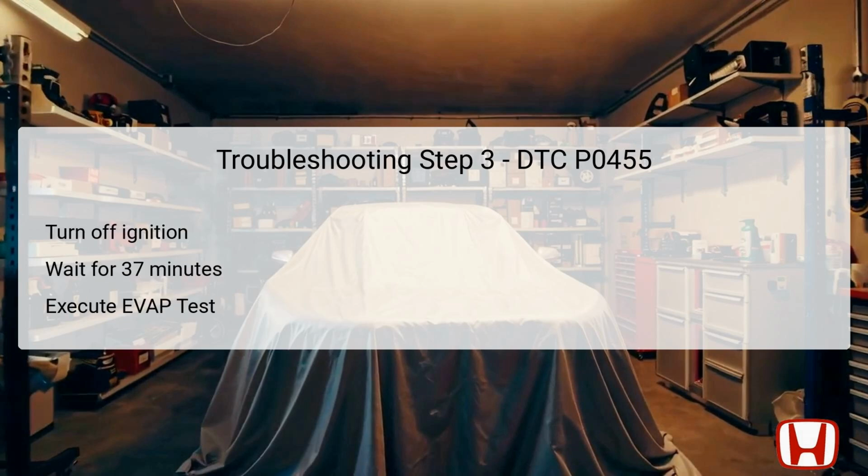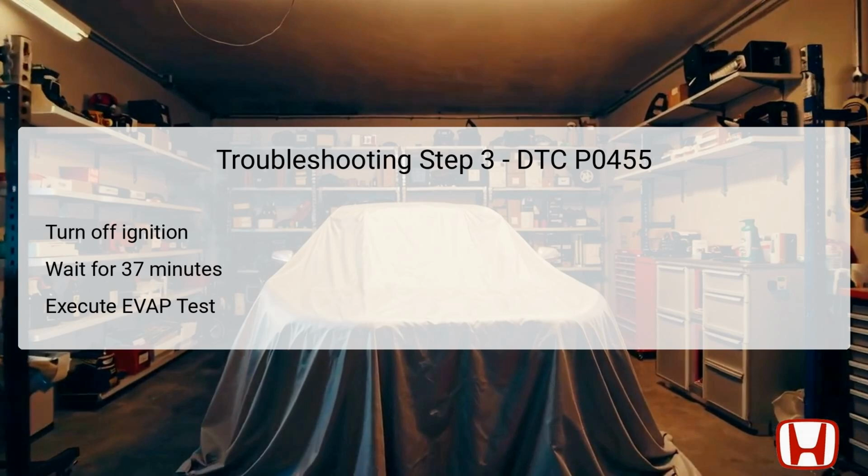After driving the vehicle under specified conditions, the next step is to turn the ignition switch to the lock position, or select the off mode if equipped with a push-button start. Following this, the vehicle must remain in this state for a minimum of 37 minutes.